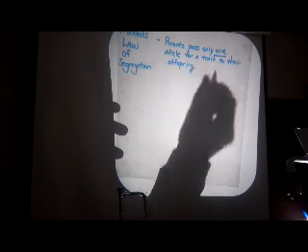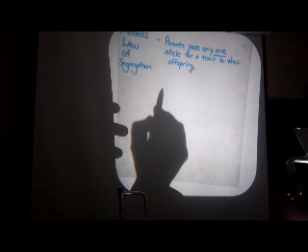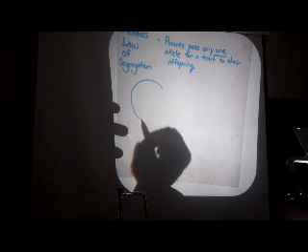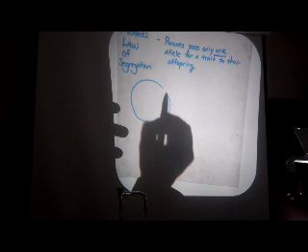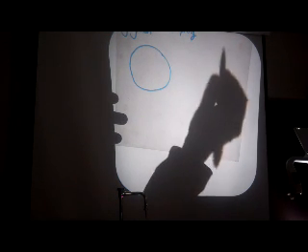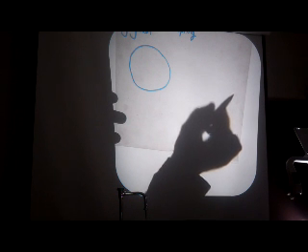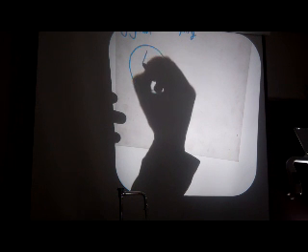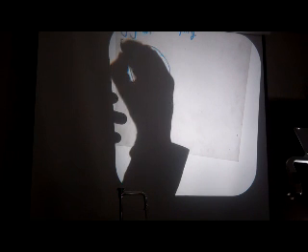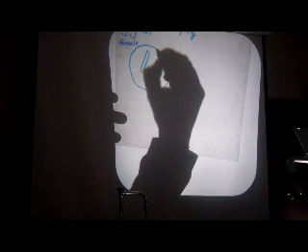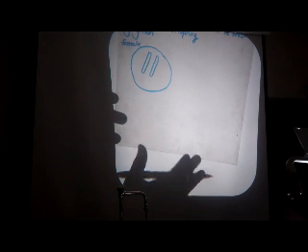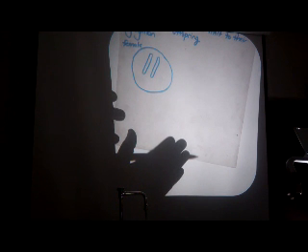Okay, well, let me draw a picture. Pictures are better. For simplicity's sake, I will draw just one pair of homologous chromosomes. I'm not going to draw a lot of them. So let's say I have a female cell here, and I've got a pair of homologous chromosomes.